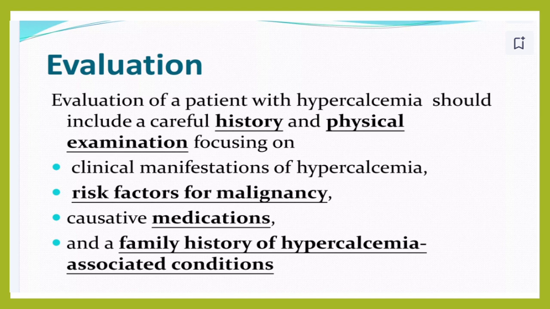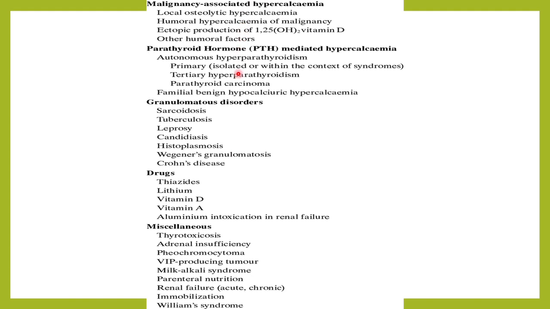We will have to examine the patient. We will have to see the clinical manifestations of hypercalcemia. We will have to evaluate the risk factors. We have to see if the patient is on any kind of medications, and whether there is any family history, etc.